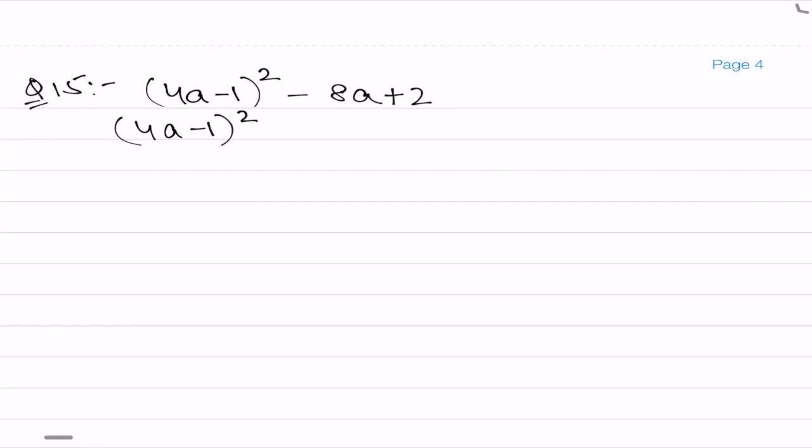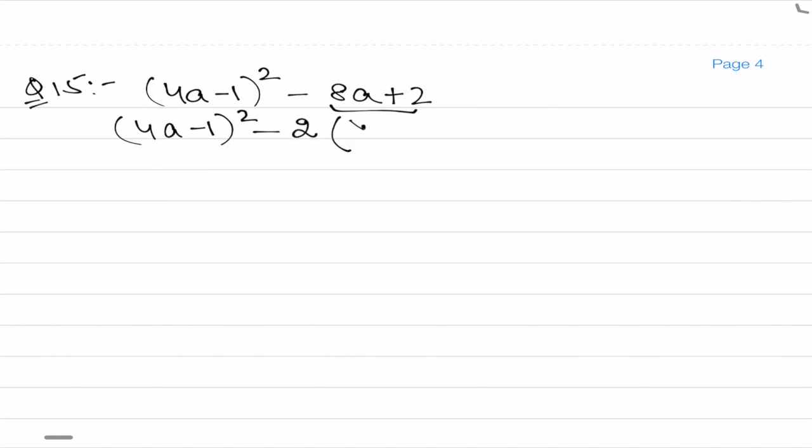Now we will move to question number 15. (4a minus 1) whole square minus 8a plus 2. In this, what we will do, the first term we will not open with the formula (a minus b) whole square. In the last two we can see something is common. So what is common in the last two terms? 2.